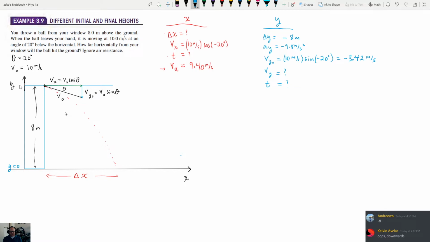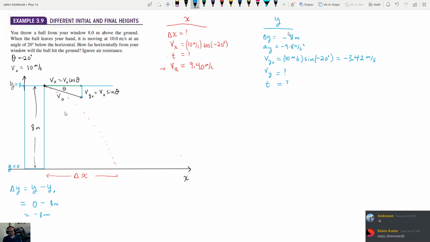If I choose that, then this point at the top is going to be y equal to 8, right? And then if I say delta y is equal to whatever the final y coordinate is minus the initial y coordinate, the final y coordinate is 0 minus the initial y coordinate, which is 8, and you get negative 8. That's how you do that, okay? Or you just say it's moving down and up is positive, so delta y is negative. However you want to do it.